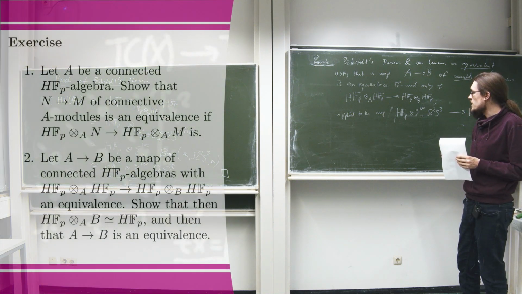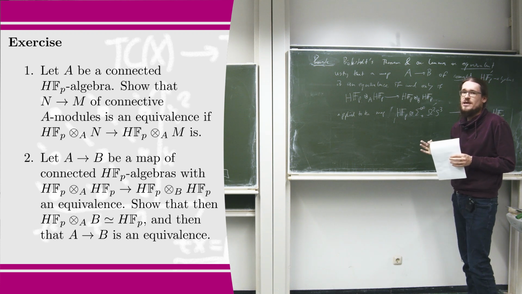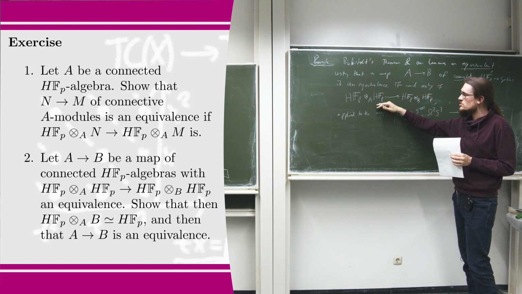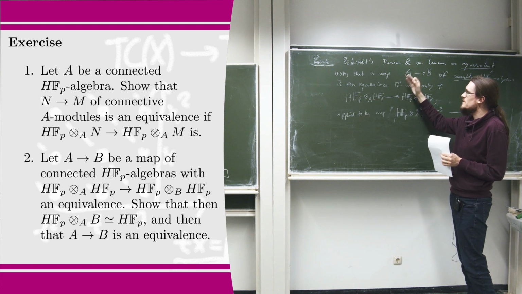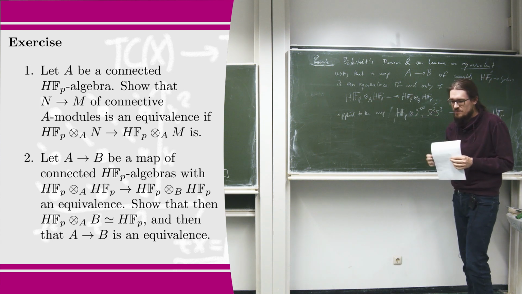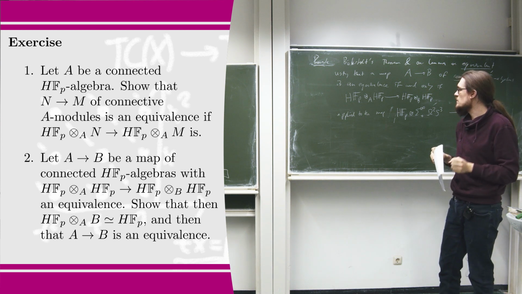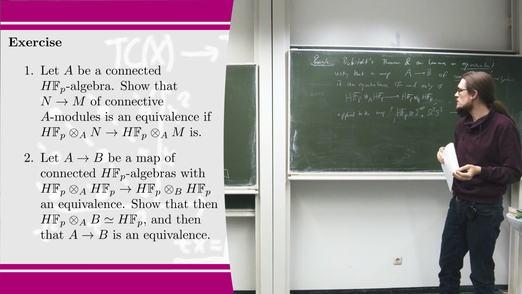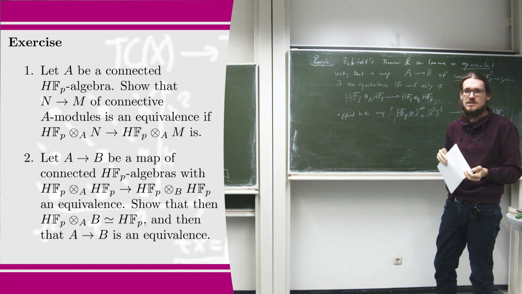So that's something I want to pose as an exercise, but it's a little tricky. You have to think about how this bar construction, or I guess tensor product over connected algebras, behaves with respect to connectivity of the modules. So it's a relatively elementary exercise, but it's a little tricky. So let me pose that as a difficult exercise.